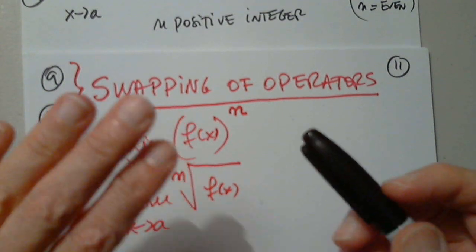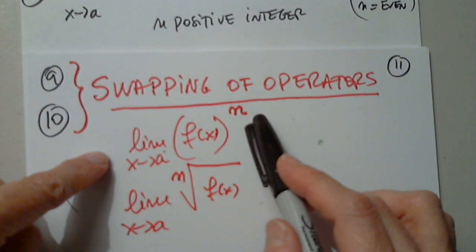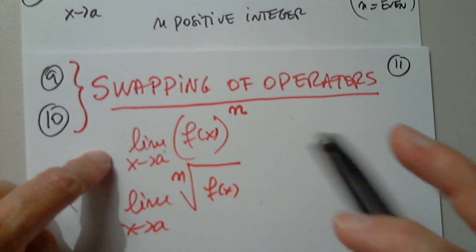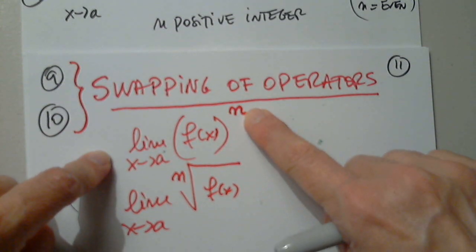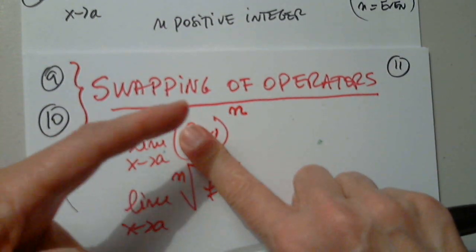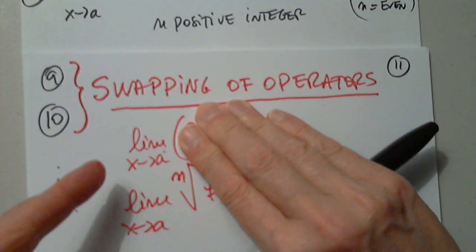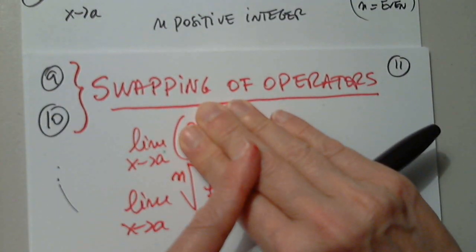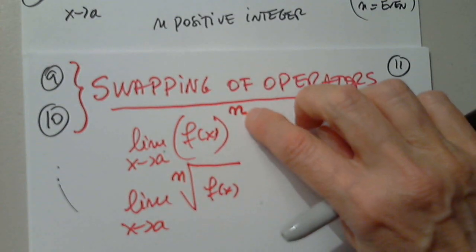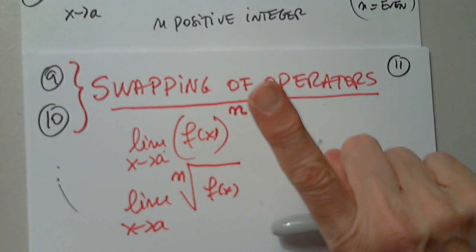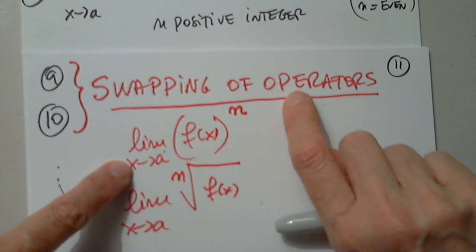So when we look at this concept here, this is the first operator. So to the function, I have to raise the function to this power and then apply the limit. So this is the inner operator, the first one, and this is the second operator.